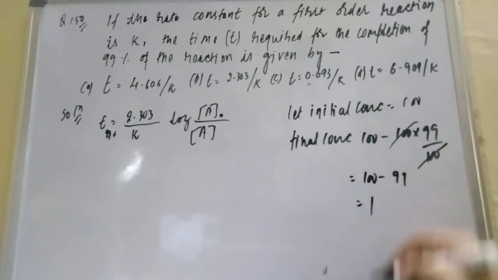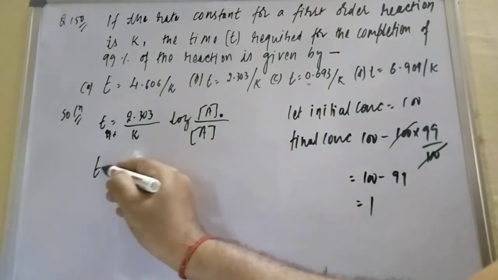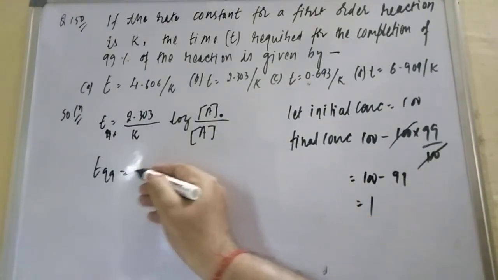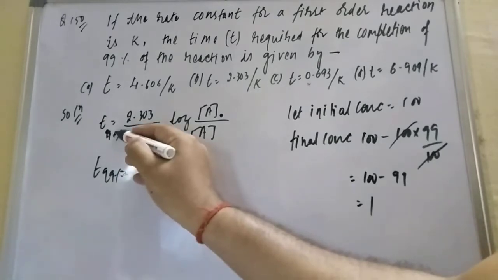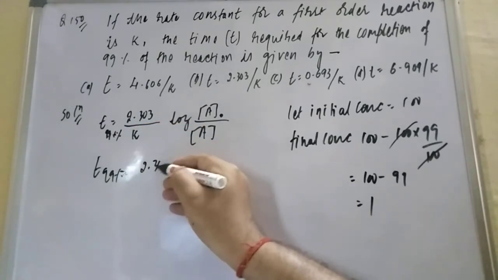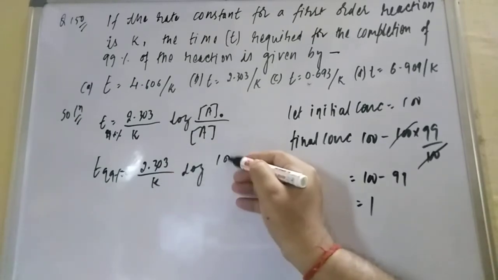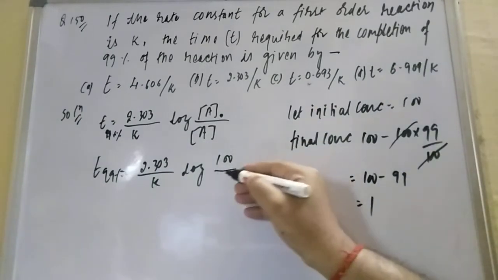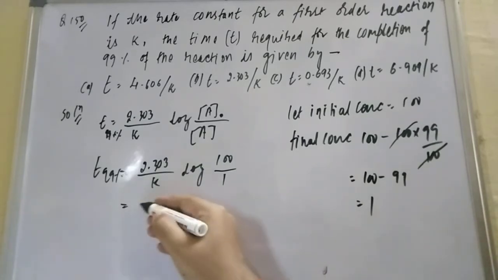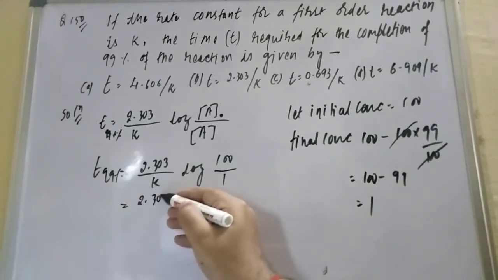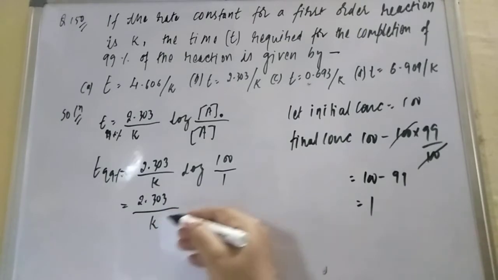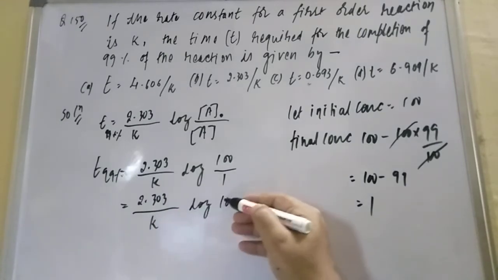So how much is coming, student? 1. So T99% is equal to 2.303 upon K, log of initial concentration 100 divided by 1. So what will come, student? 2.303 upon K, log of 10 square.